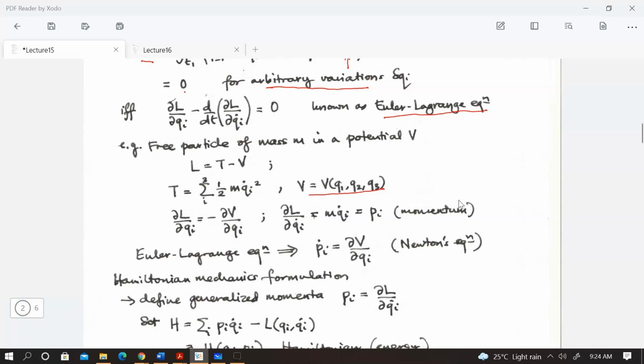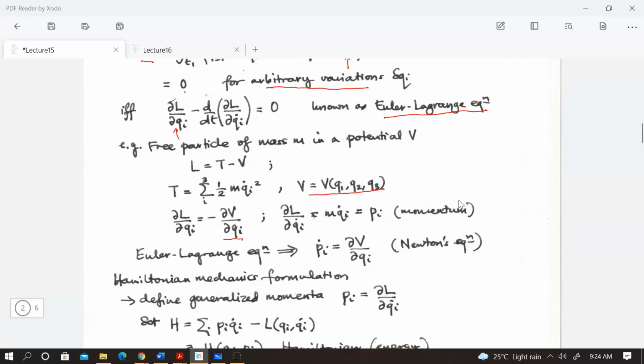So the only term that has explicit q, remember this is a partial derivative, the one that depends on explicit q is your potential. In other words, the partial L partial q over here will just give you minus dV dq. And then we have the other one, which is inside a time derivative here.